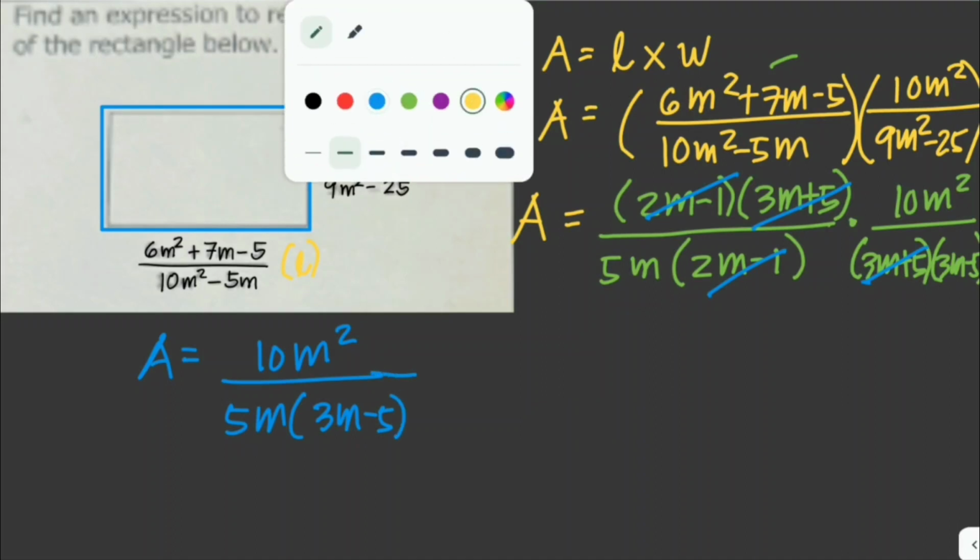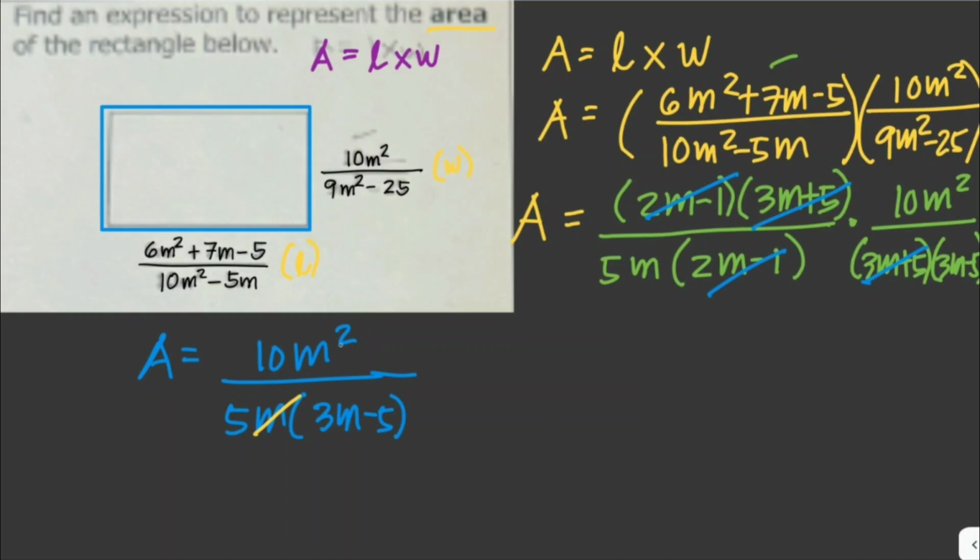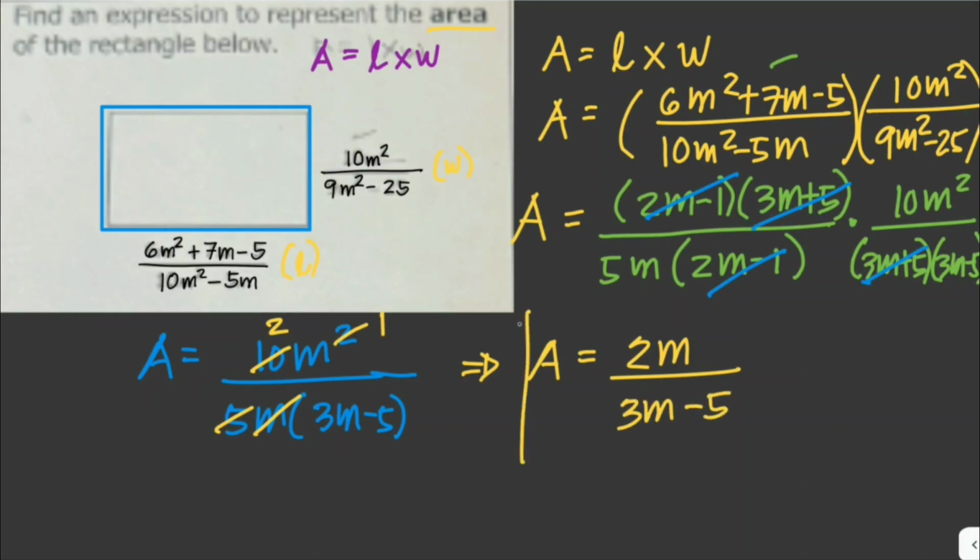And m here cancels out. So we're left with 1m, and then 10 divided by 5 is 2. Therefore, our area is just equal to 2m over 3m minus 5.